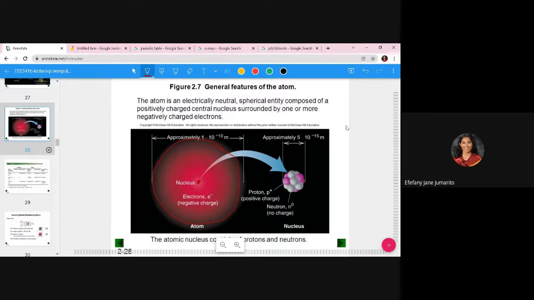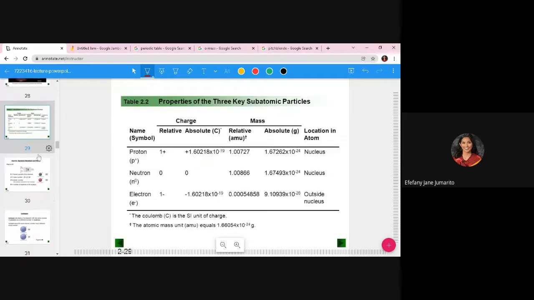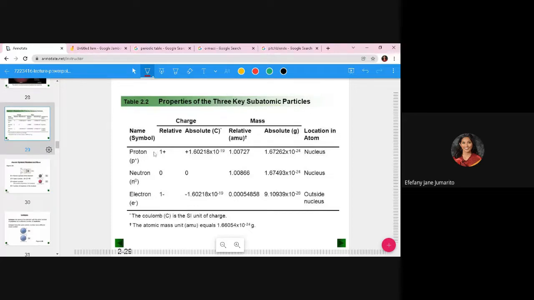Where do the electrons reside? Outside of the nucleus, ma'am. Okay, outside or around the nucleus. So the atom is electrically neutral, a spherical entity composed of a positively charged central nucleus surrounded by one or more negatively charged electrons.